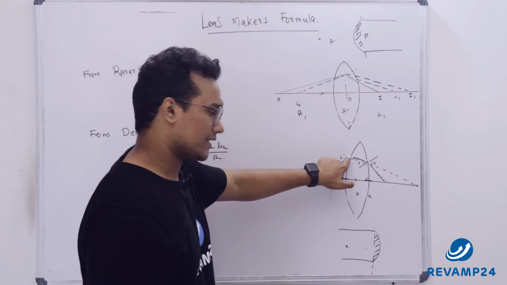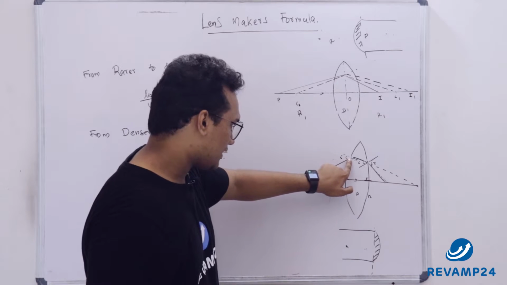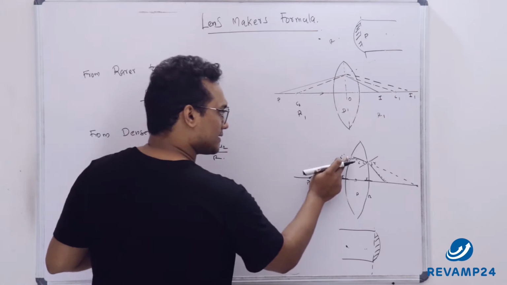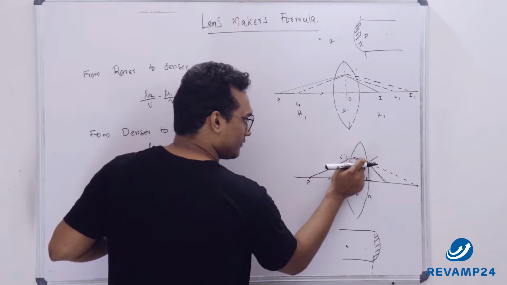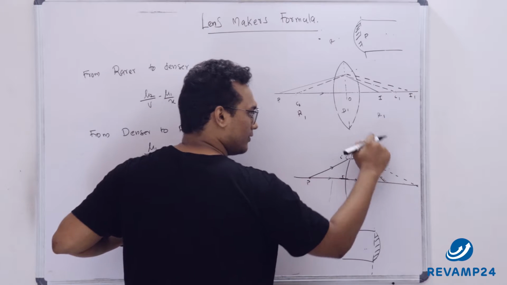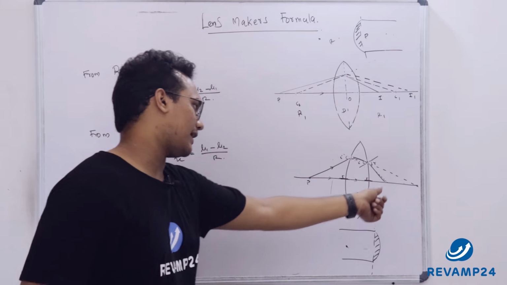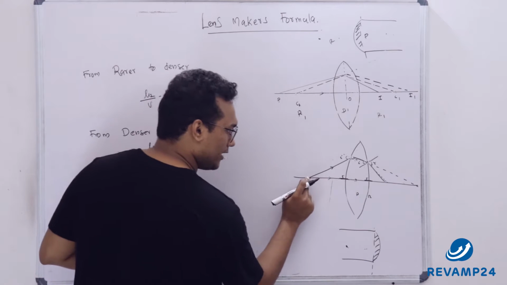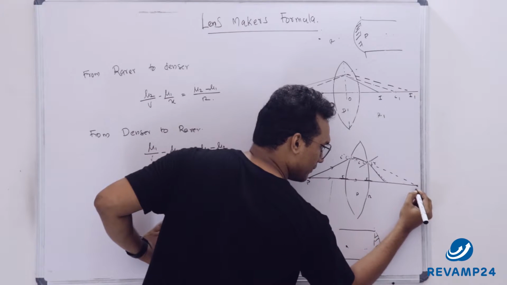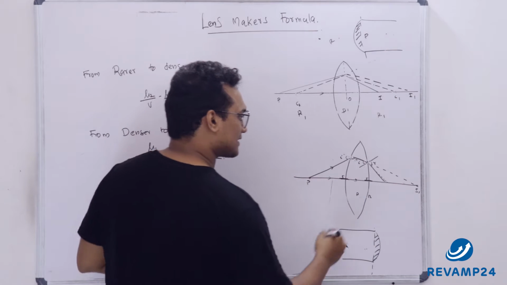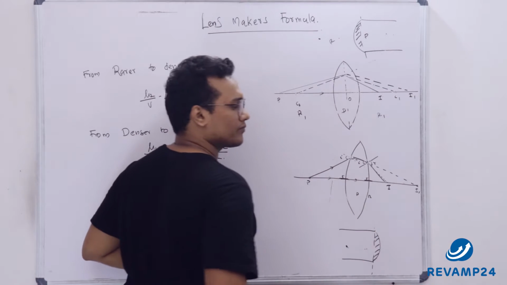So one refraction here, and with this refraction it was supposed to create an image here, but what has happened is this ray, when it was entering from the denser medium to the rarer medium, has again bent in this direction and created an image here. So actually this ray was supposed to create an image here with this surface, but what this surface has done is create an actual image here.